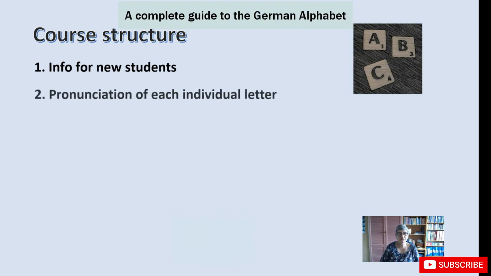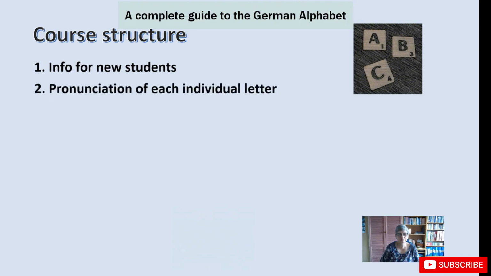Section 2, this is now where the course really starts. And it starts off with the pronunciation of each individual letter. So you learn how to say A, B, C in German. In section 2, but also in section 3, there will be lots of exercises, listening exercises where I will spell words to you and you will work out what I've spelled, and hints and tips of how you can spell words.